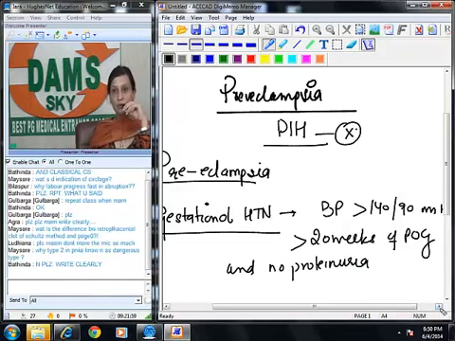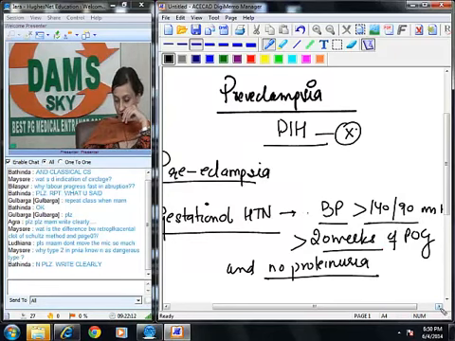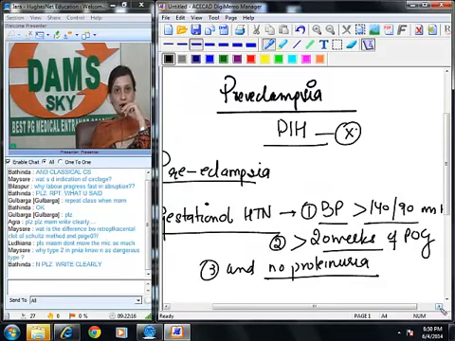So this is how we describe gestational hypertension. So when the blood pressure is more than 140 by 90, beyond 20 weeks of period of gestation, and no proteinuria, these are the three terms used to describe gestational hypertension.